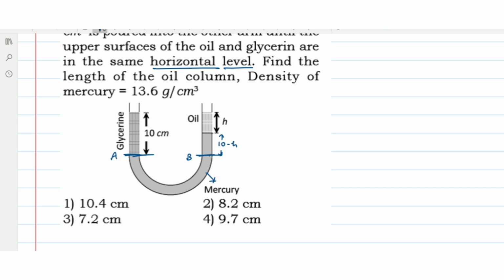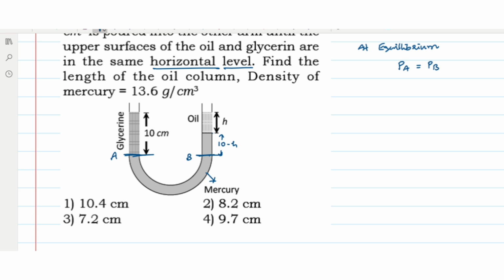Now the liquid is at rest on both the limbs. So at equilibrium, the pressure at point A will be equal to the pressure at point B, since pressure at equal heights is the same according to Pascal's law.